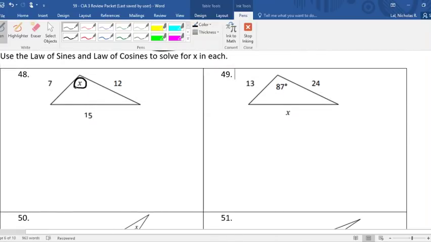To solve for x here, we're going to use the law of cosines. So we have a side, side, side triangle, law of cosines.